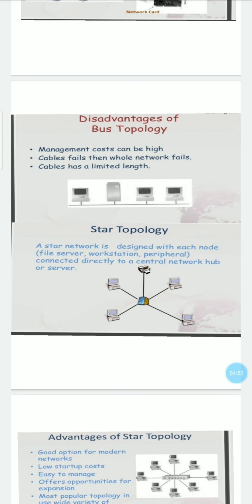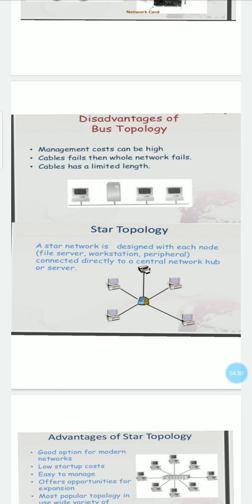Now we can see the disadvantages of the bus topology. The first disadvantage of bus topology is extensive cabling. A bus topology is quite simple, but it requires a lot of cabling. The second disadvantage is signal interference.